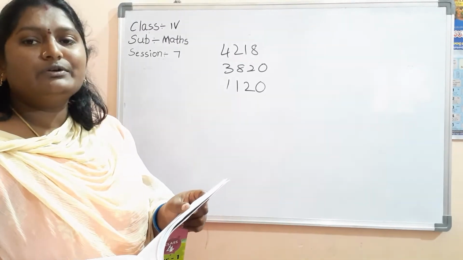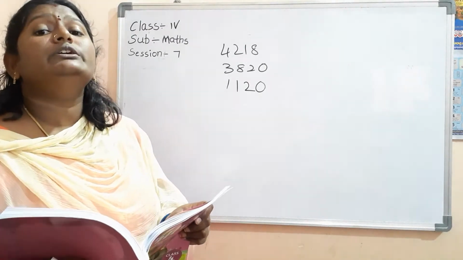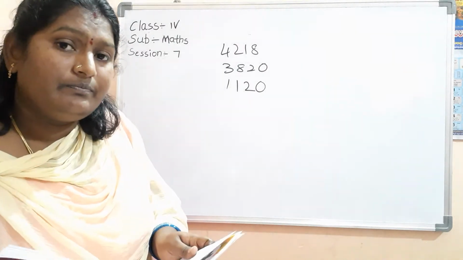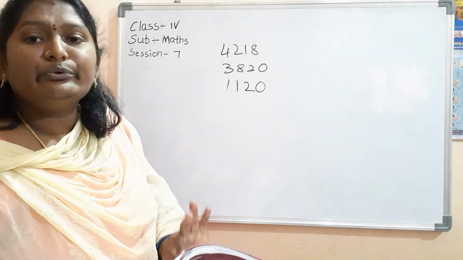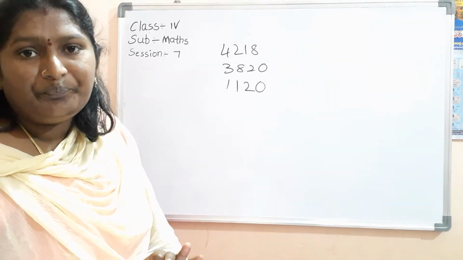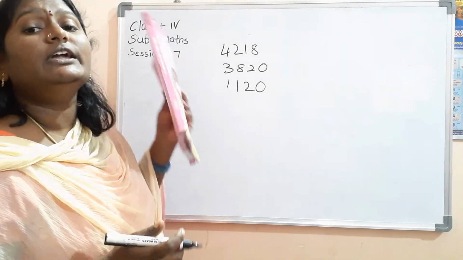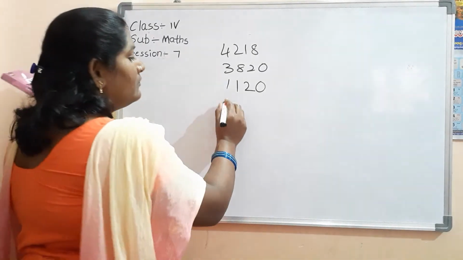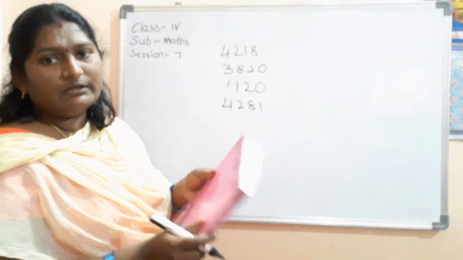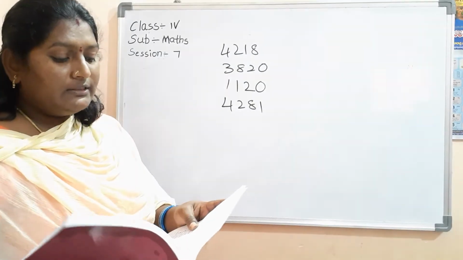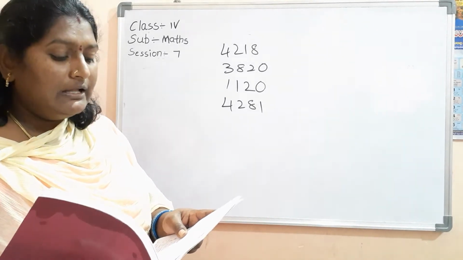D, 4280. What is the 4280 successor? Got it? 4281. Clear? Then E, 9313.